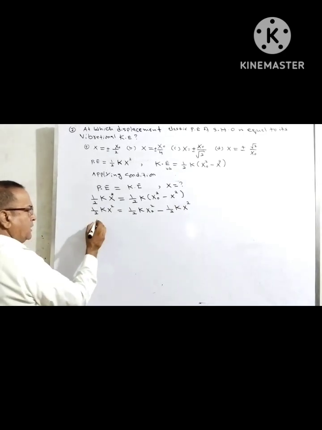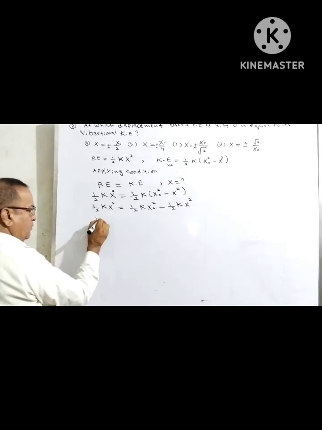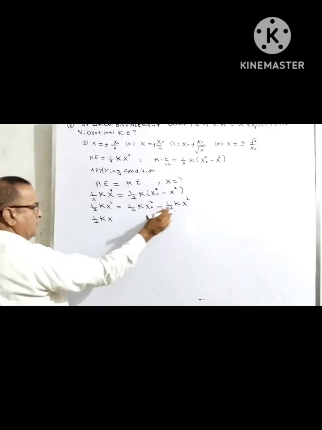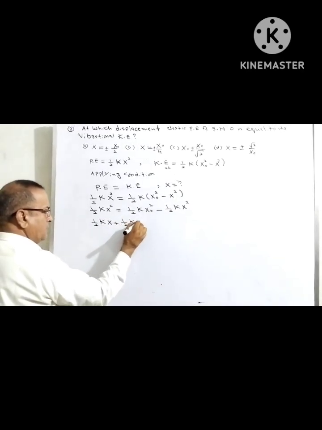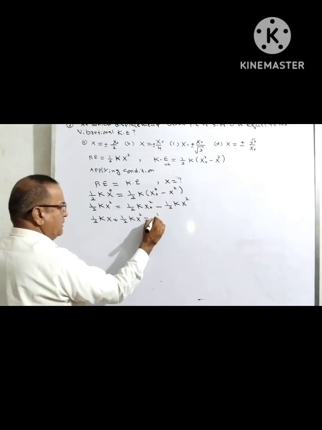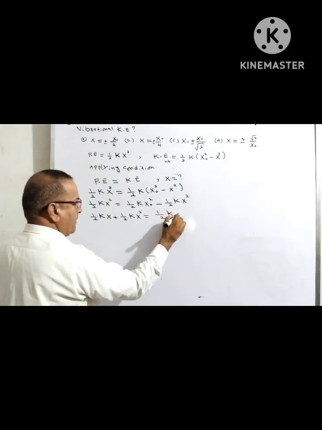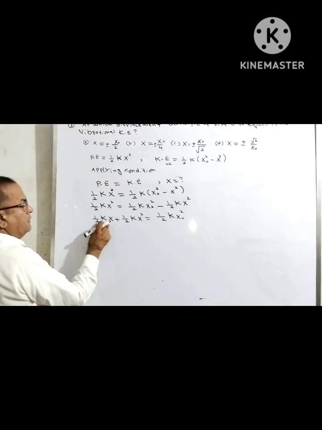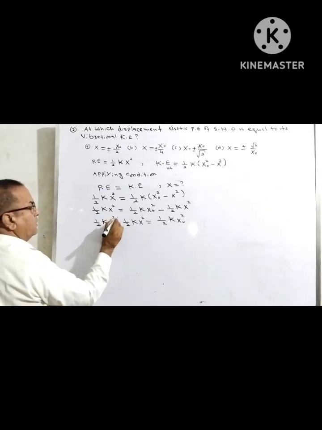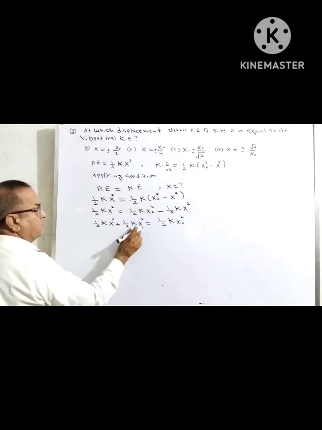So let's simplify the equation. The 1 by 2 k x square on the right side moves to the left, and here remains 1 by 2 k x naught square.